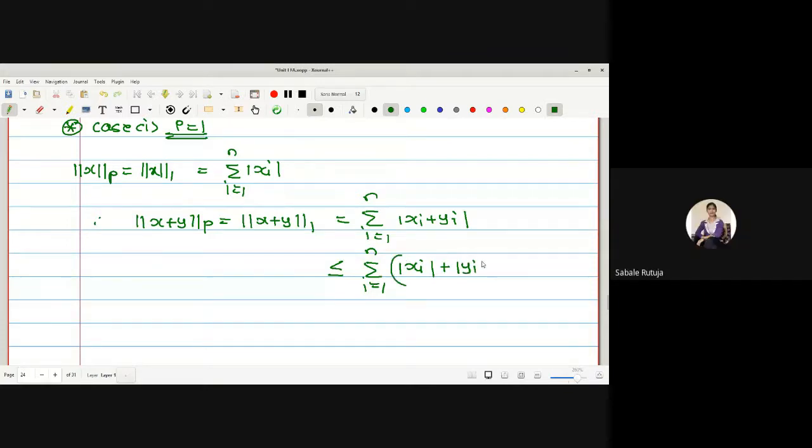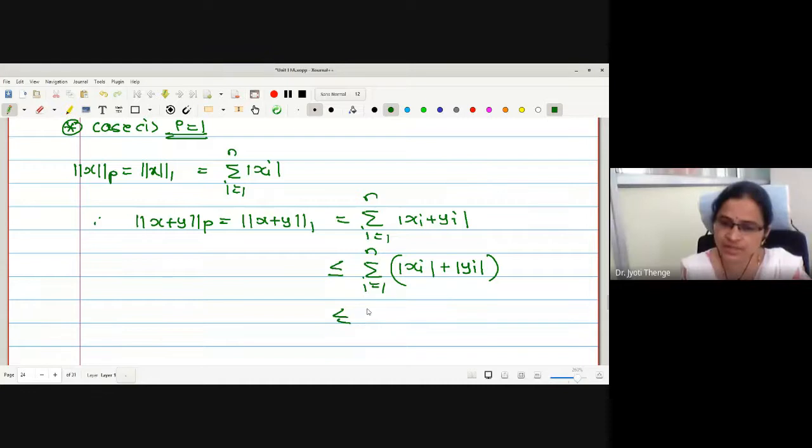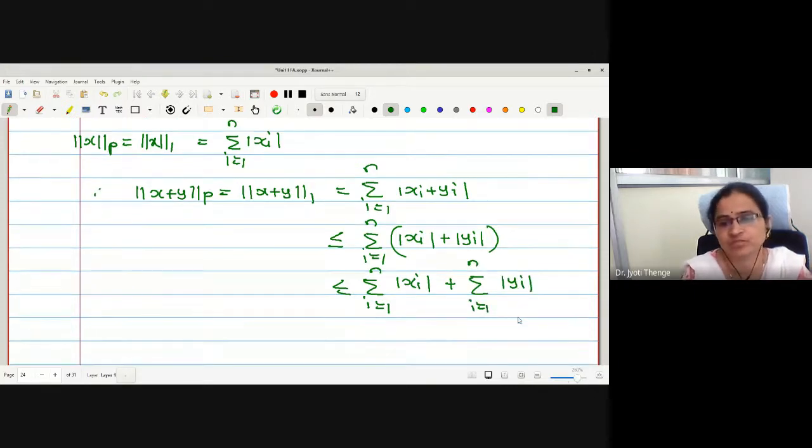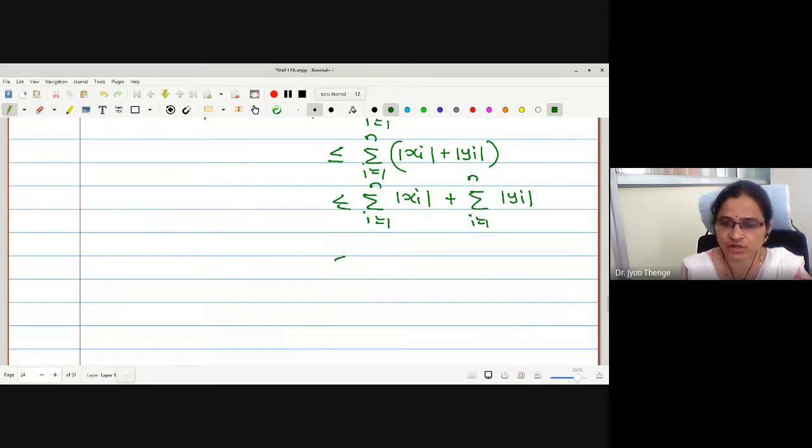Let me separate the sum as well. Right? Then what is this definition? Norm 1, no? This is norm 1 of y. I can write this as norm p for p equals 1 as we are writing.